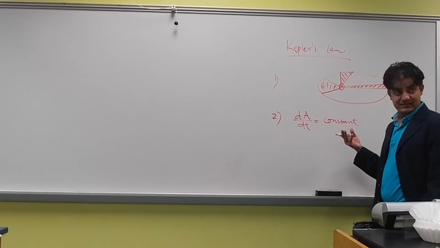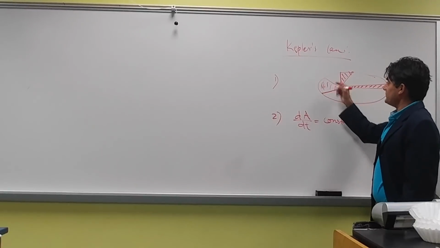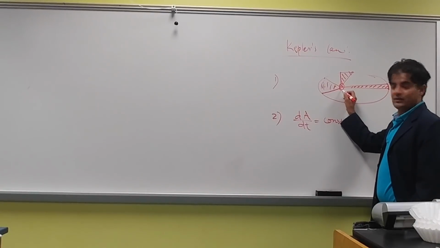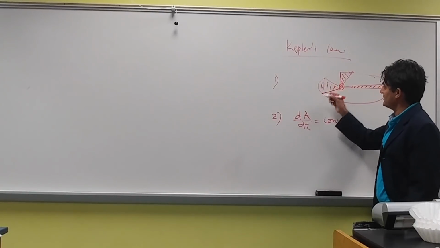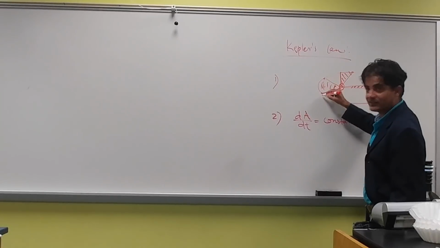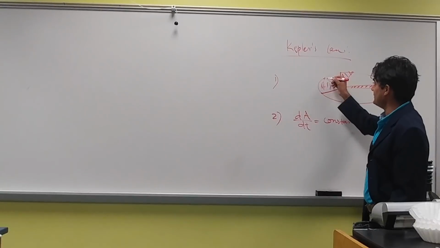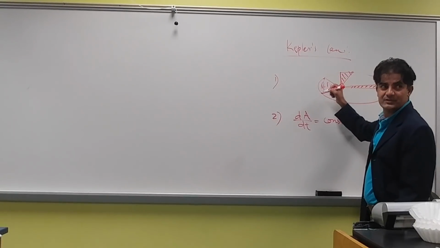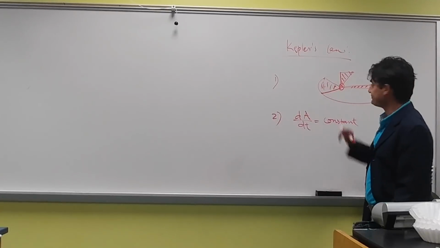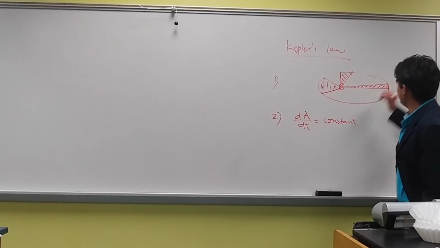So what that means is, if the planet is closer to the sun, the velocity will be faster, because in the same 1 week, this goes from this point to this point. Look, long distance, right? In the same time it moves more distance, which means the velocity will be more. But here, this goes only this much.